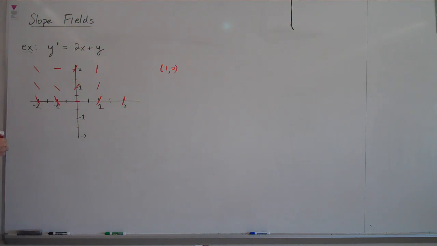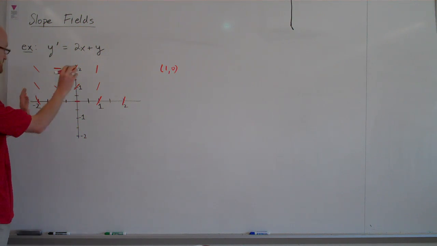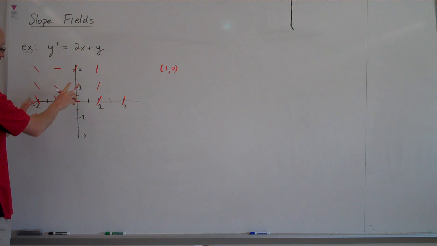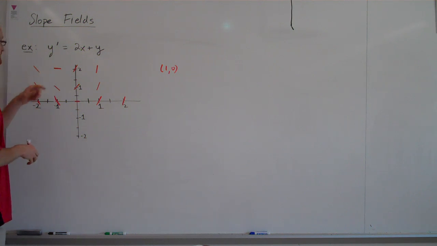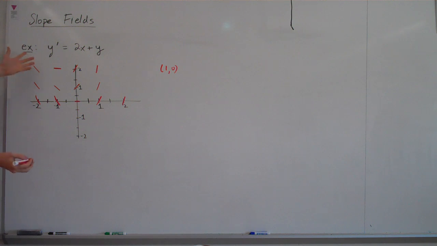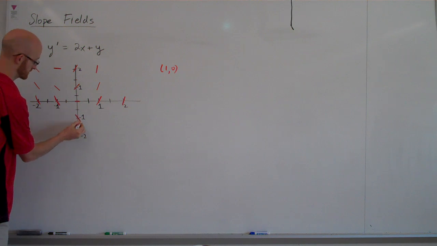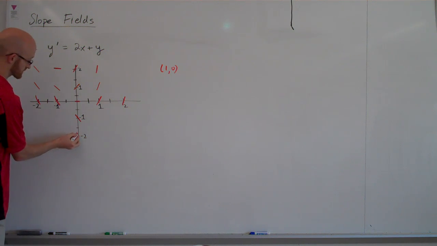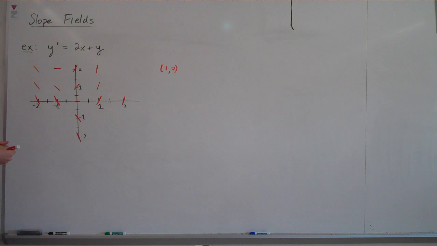And like I said, there's no exact science to the way I'm drawing these lines. I'm just trying to make sure, relative to the next ones, that they look just about right. You can see here there's very little difference between those two, but it's just a matter of me not being precise like a computer would be. 0, negative 1 gives us a slope of negative 1. 0, negative 2 gives us a slope of negative 2.